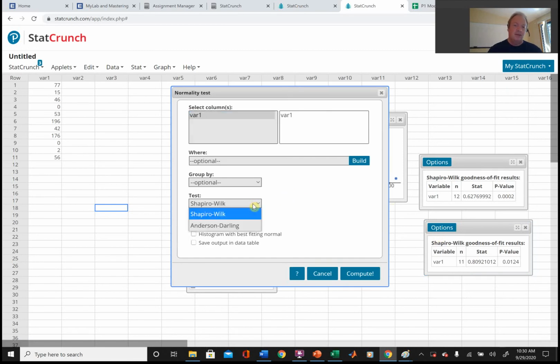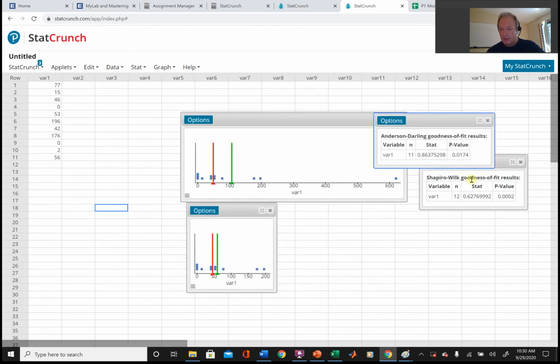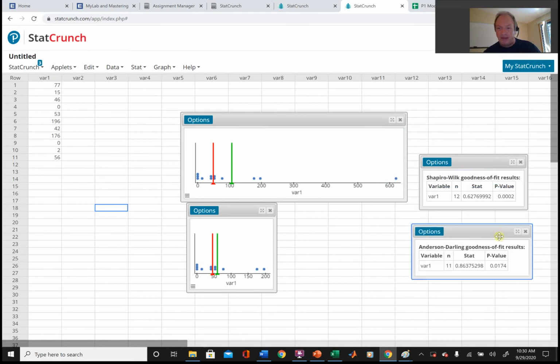Okay. There's the Anderson-Darling and the Shapiro-Wilk. The Anderson-Darling is more discerning. In other words, it makes it harder for it to be a normal distribution. If I click on Anderson-Darling, you'll see the p-value. Actually, here the p-value did not go down. That's interesting. Usually with Anderson-Darling, the p-value will go down. It tends to be more discriminating.